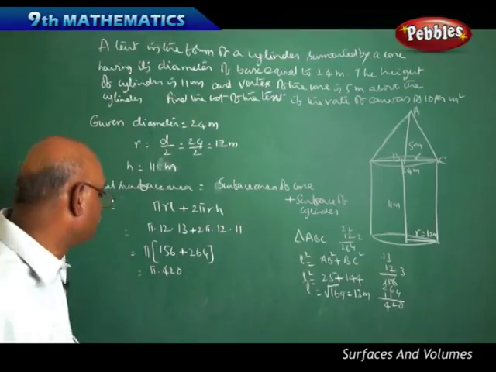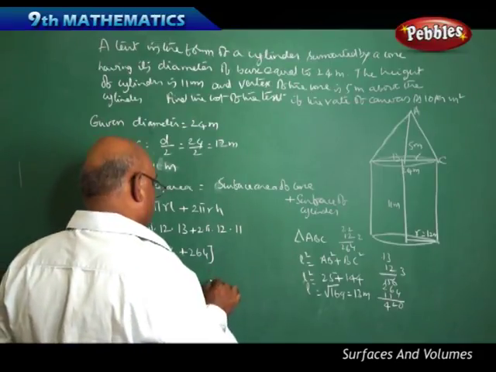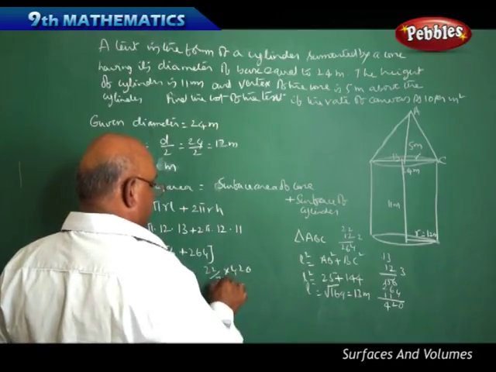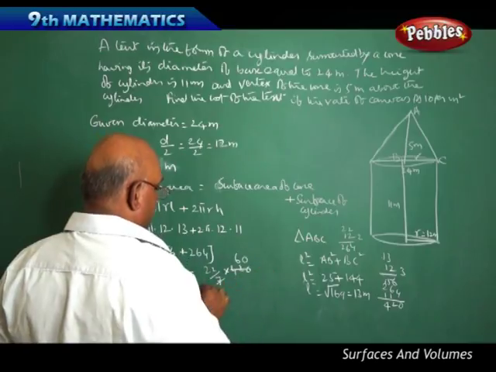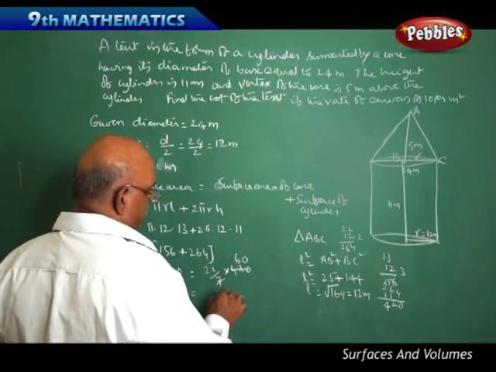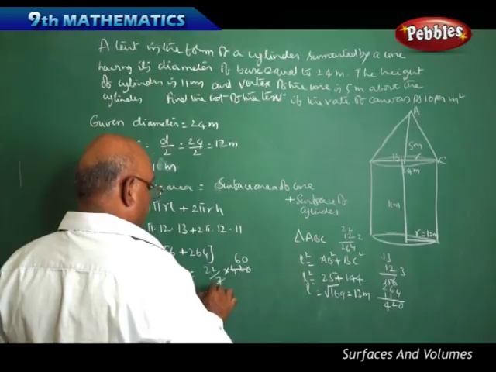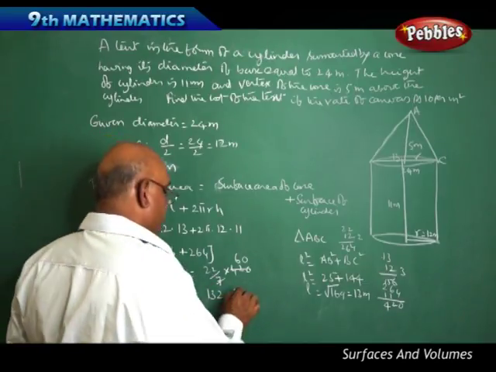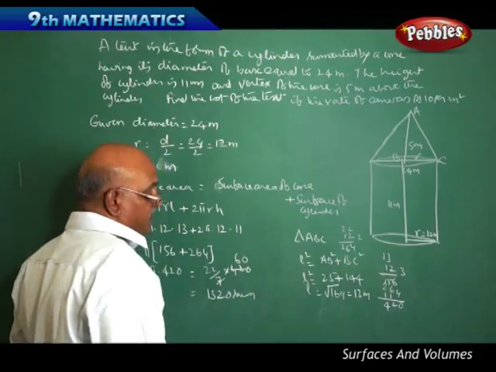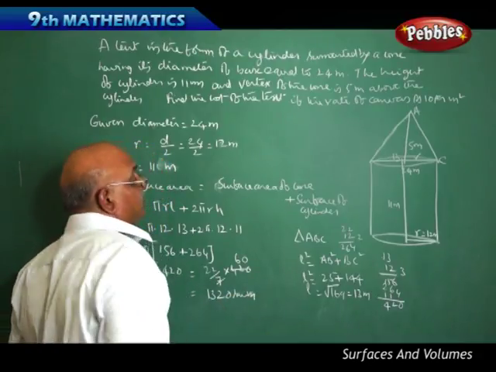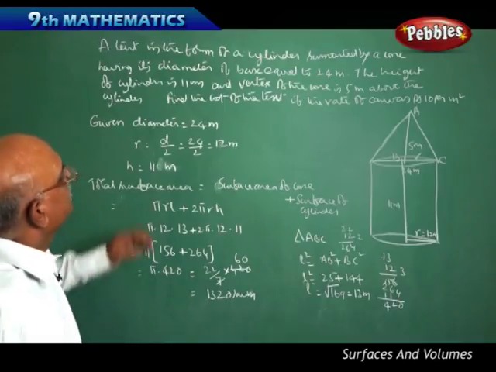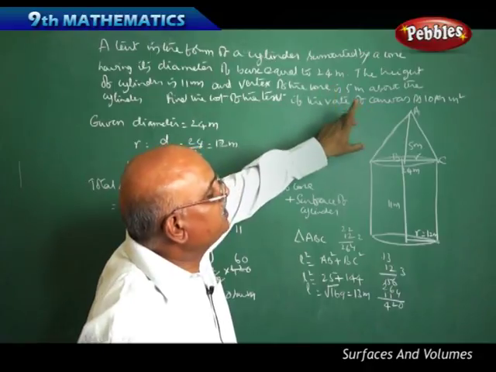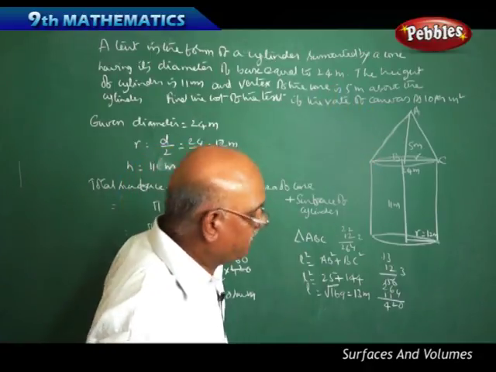But we have to simplify further. You can write this as 22 by 7 into 420, which we get as 1320 square meters, because everything we are measuring in meters. The cost of the canvas is rupees 10 per meter square.